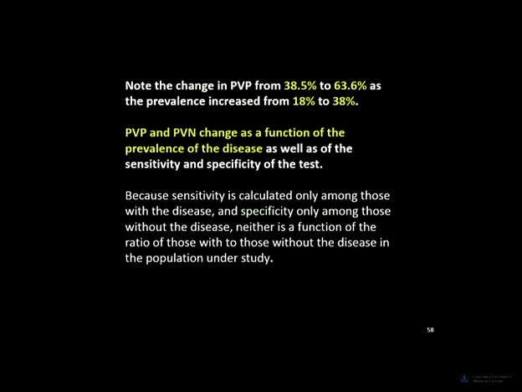So the lesson here that you just saw numerically is that positive predictive value and negative predictive value change as a function of the prevalence of the disease as well as the sensitivity and specificity. And I showed you that this happens because you're shifting a lot more people to the leftward column of people who have the disease, and that increases the positive predictive value.